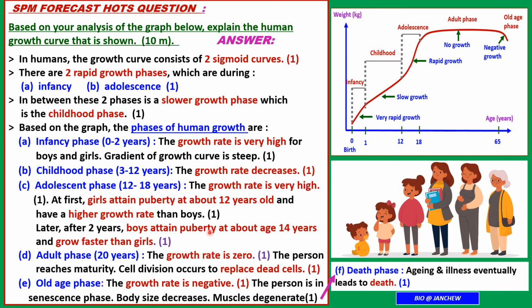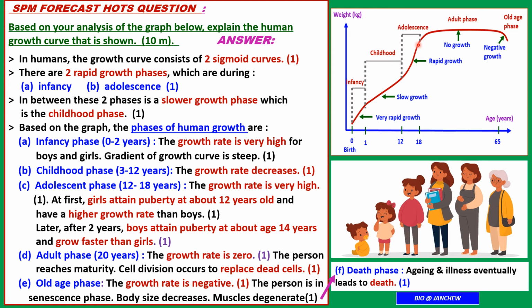But then later, after 2 years, generally boys attain puberty around the age of 14 years after Form 2 or 3, and they suddenly shoot up. They grow faster than the girls. All right, but for both cases, during the adolescent phase, between 12 to 18 years, the growth rate is high.